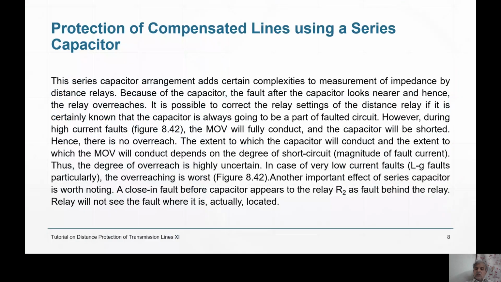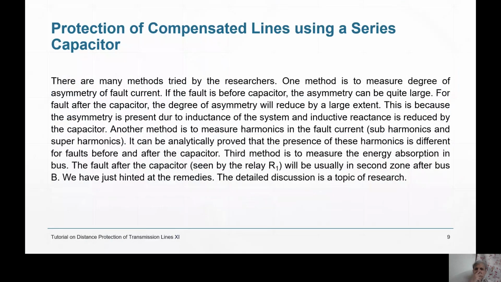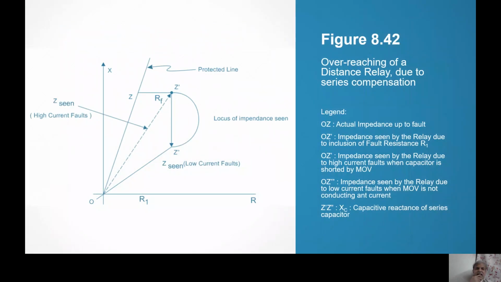So if you look at the whole thing, it is something like this. OZ is the real impedance up to fault. But we know that some resistance is always there, so RF. So OZ dash is the impedance measured by the relay.